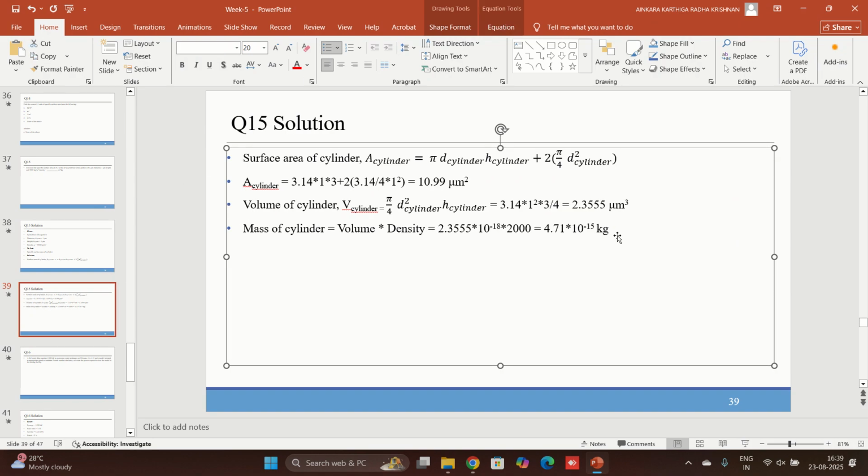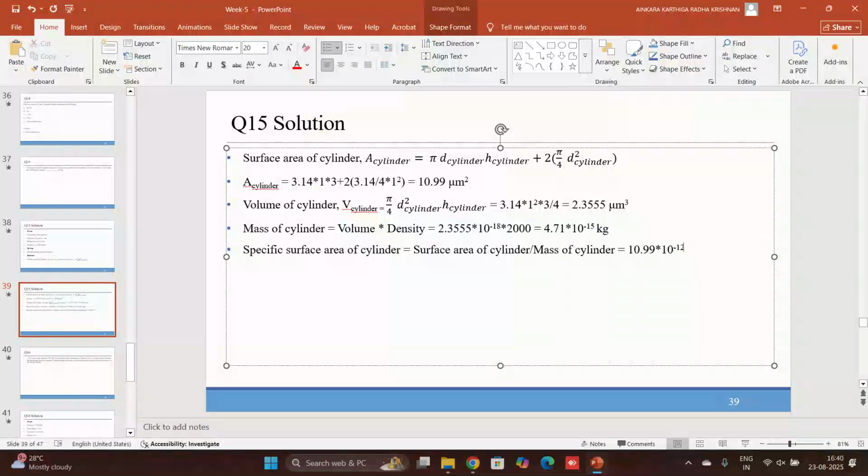Now we have to find the specific surface area. So specific surface area of cylinder is equal to surface area of cylinder by mass of cylinder, which is 10.99 into 10 power minus 12 divided by 4.71 into 10 power minus 15.